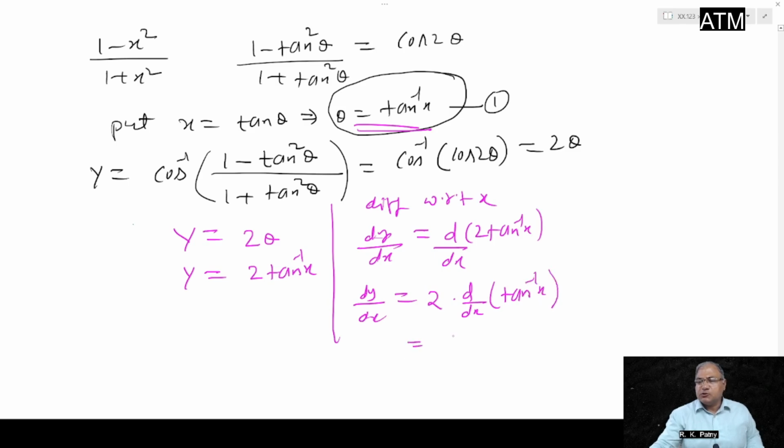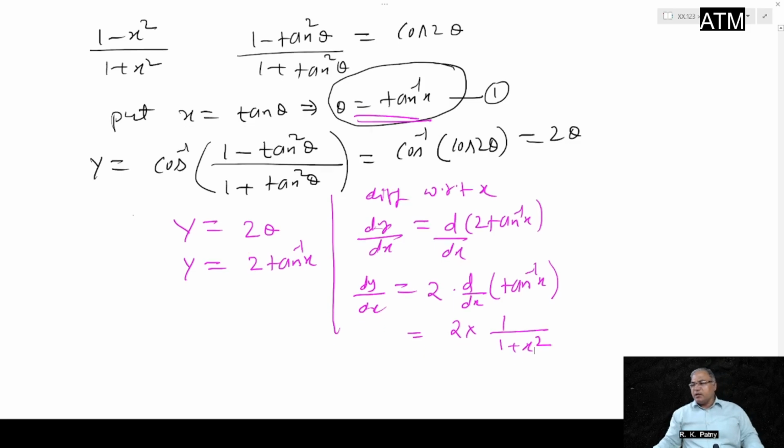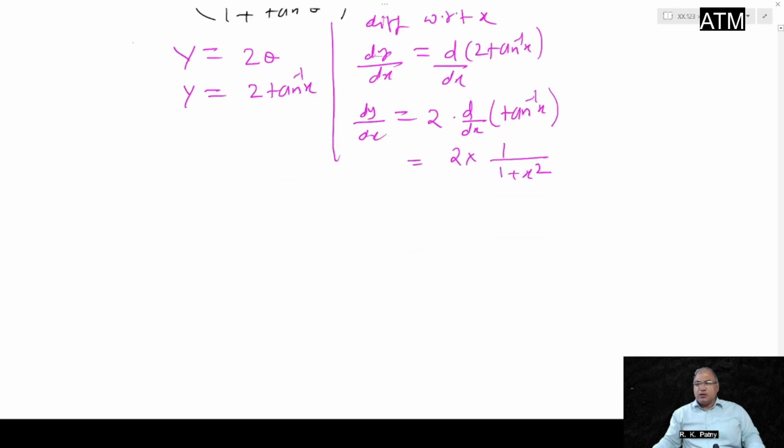That is equal to 2 into 1 upon 1 plus x square. Therefore, what is the final answer? The final answer is dy by dx equals 2 upon 1 plus x square.